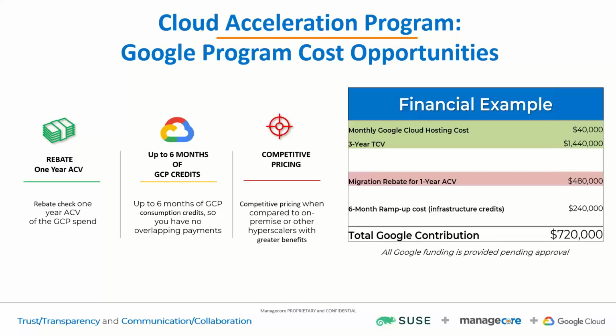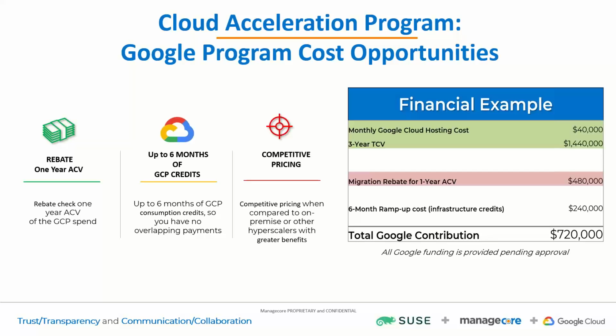So any new clients that want to migrate to GCP, there are definite opportunities and capabilities of Google to even fund not only some of the Google Cloud spend, but in a lot of cases, fund the project itself. So as an example, you do get a rebate based on the 1-year ACV spend.